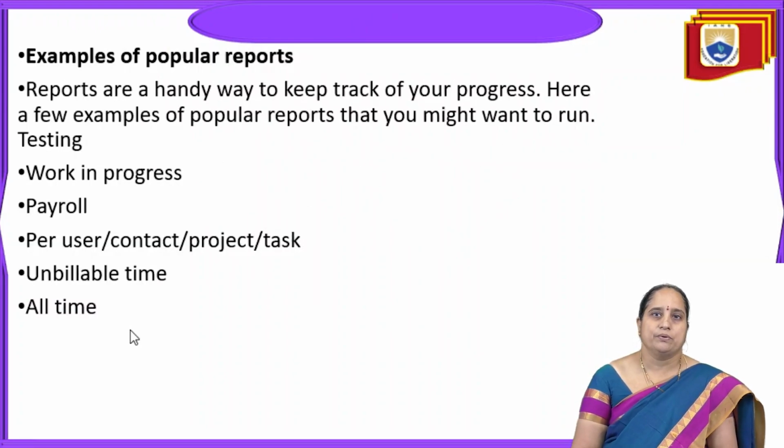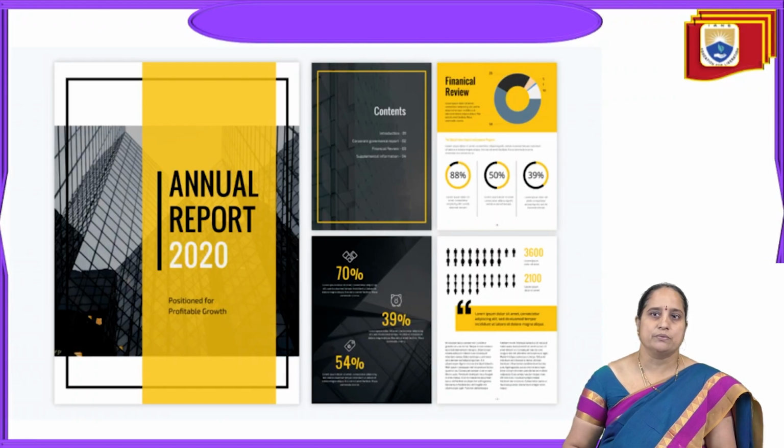Examples of popular reports. Reports are a handy way to keep track of our progress. A few examples that come under the category of popular reports are work in progress, payroll system, per user or contact, project or task, unbillable time, all time. So these are some of the examples of popular reports.